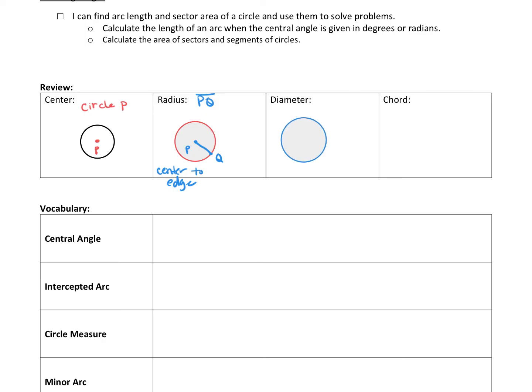Here's a circle. A diameter is going to go through the center of the circle, and it's going to connect one edge or one end of the circle to the other end.